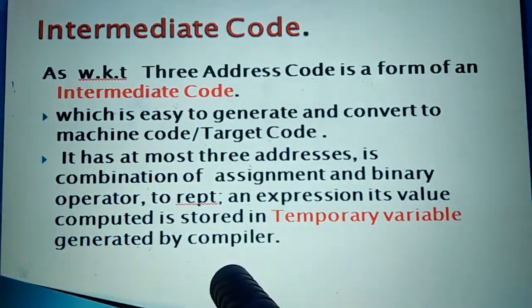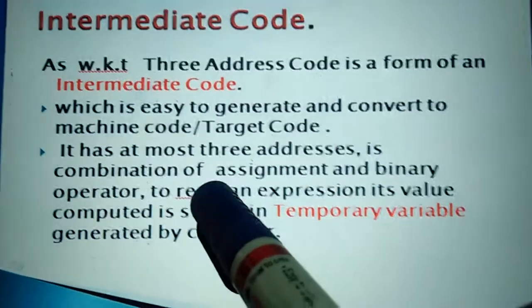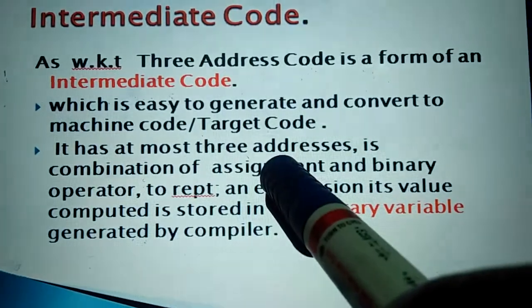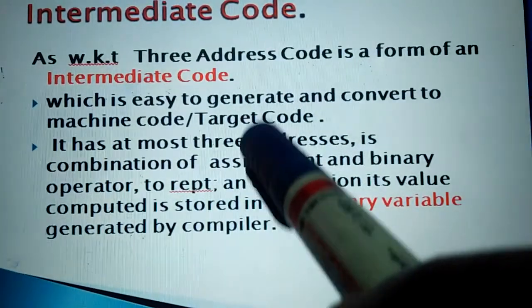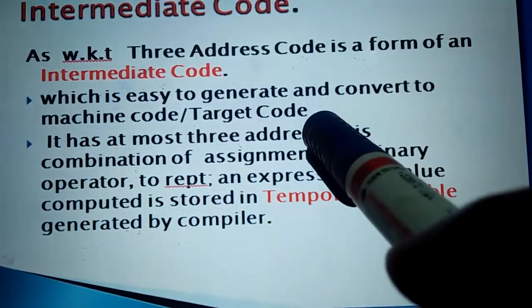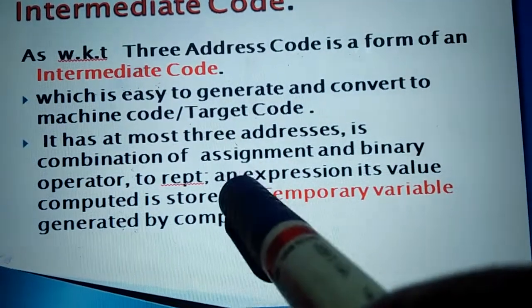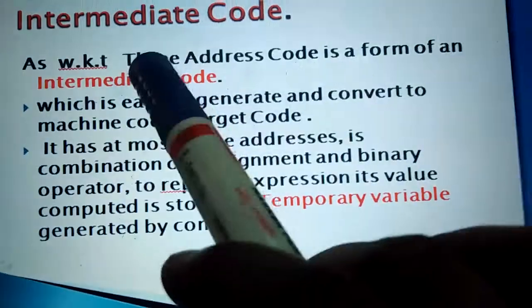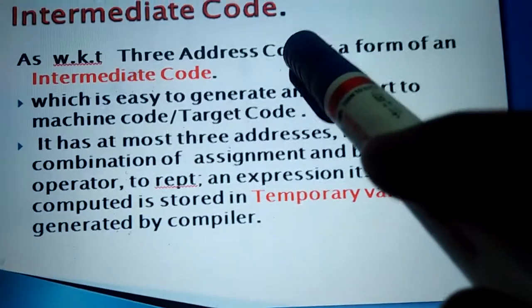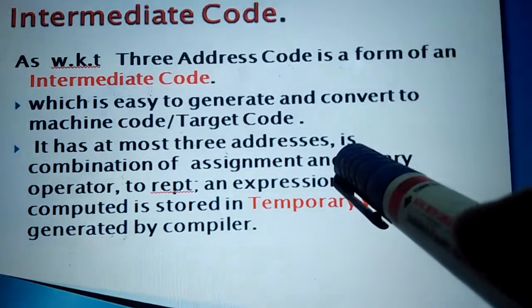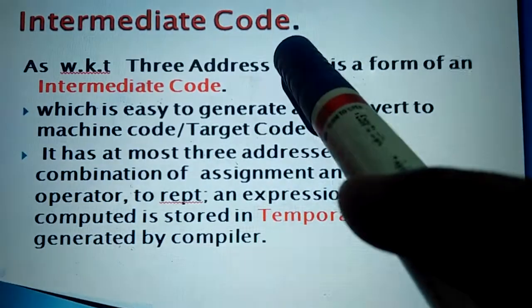This is why I'm briefing, because today I'm going to deliver another video lecture on the same topic, target code generation, and target code generation is all dependent on the intermediate code. A machine can directly generate the target code, but why is an intermediate code required?